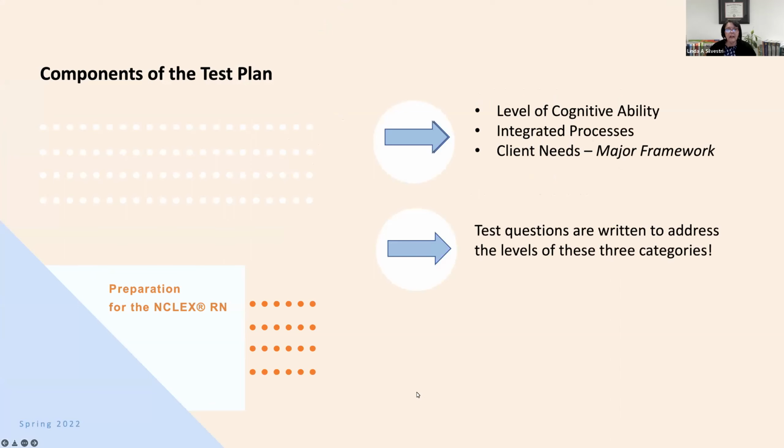So the NCLEX is primarily based on the level of cognitive ability of the content in the question and integrated processes and client needs. So your questions on your exam are going to address all of those components. The major framework is the client needs, which we'll talk about. And again, your test questions are going to be written to address all of those categories.